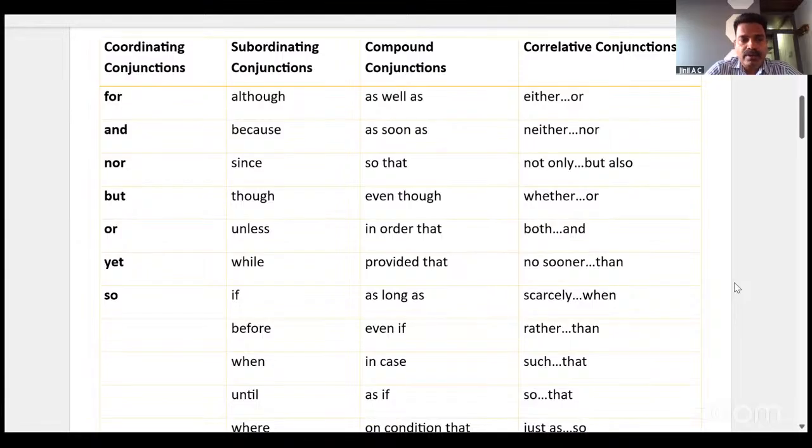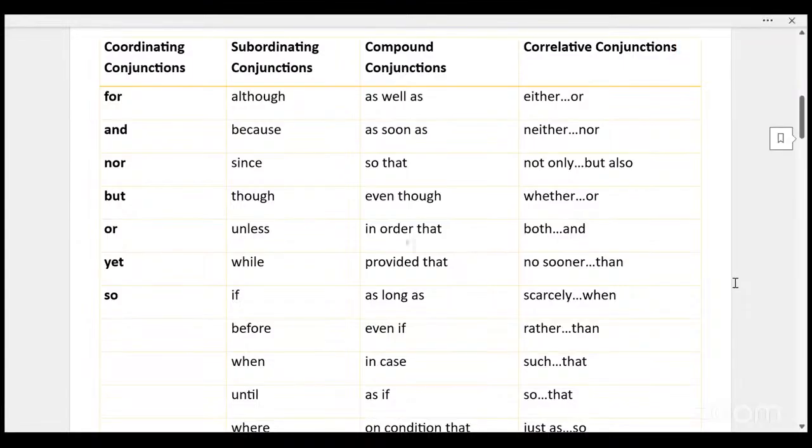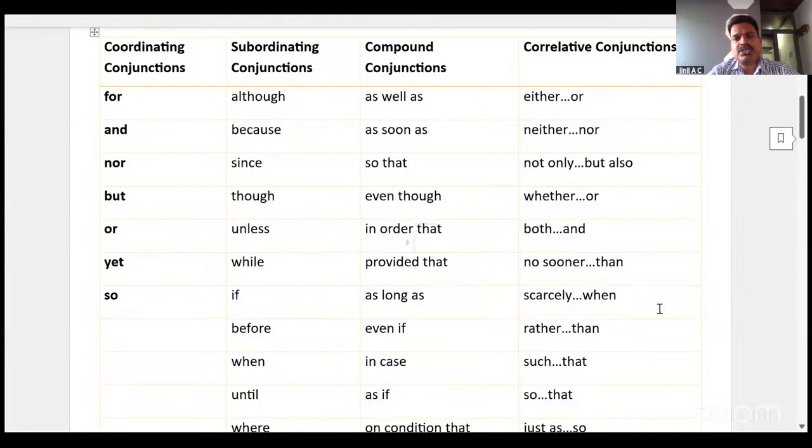So main clauses are joined by fanboys, I mean, coordinating conjunctions. The words for and yet are not used much these days, so you don't need to worry much about them. So just remember and, nor, but, or, so.